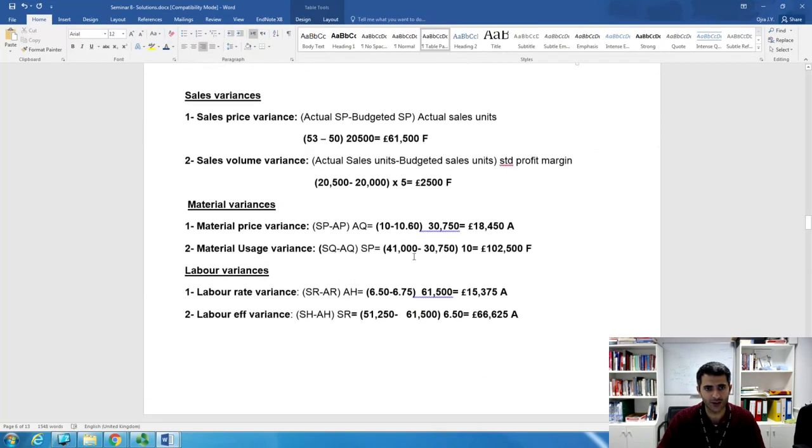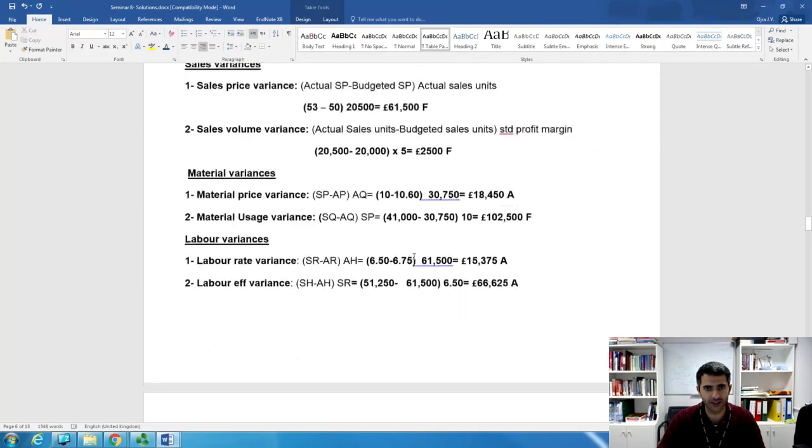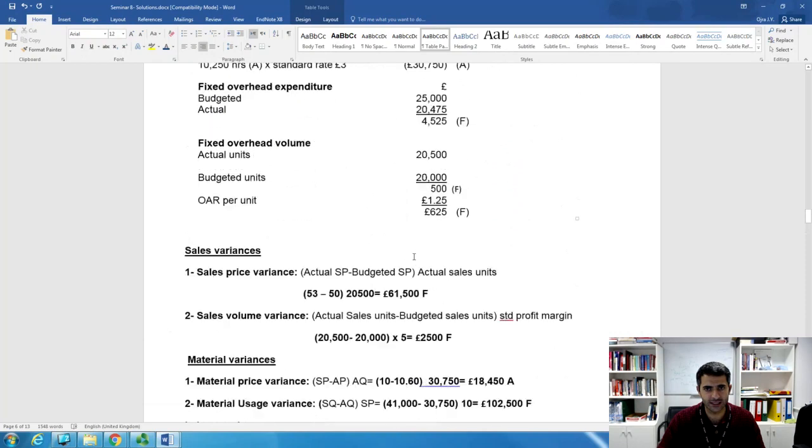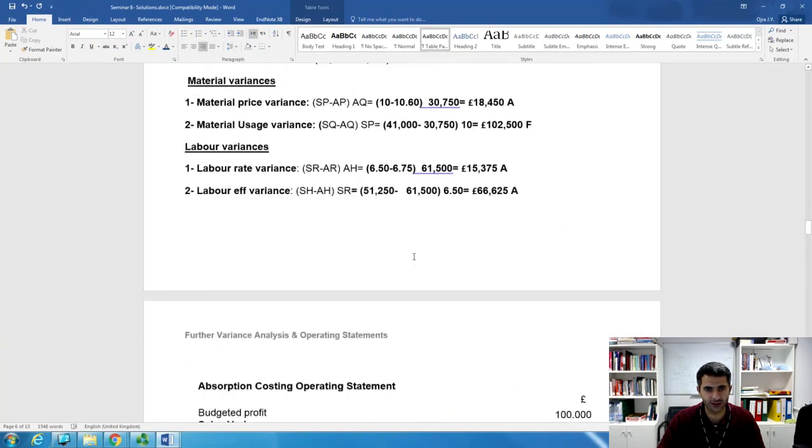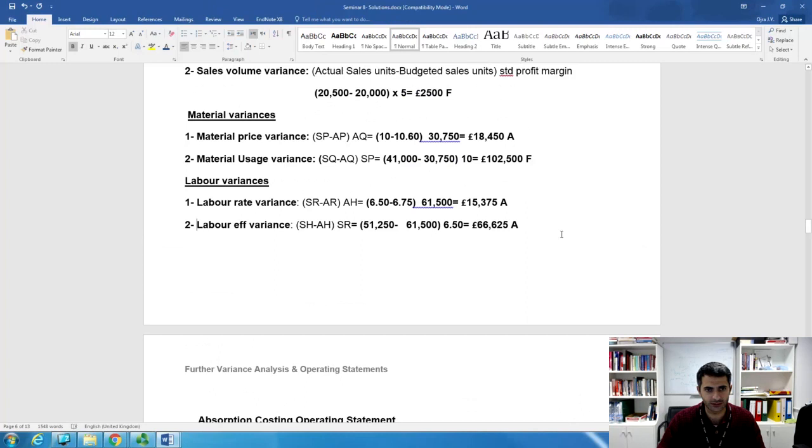So what's left now? We have variable overhead now. When it comes to variable overhead, again we have two formulas, but the good news is they're the same formulas as here.